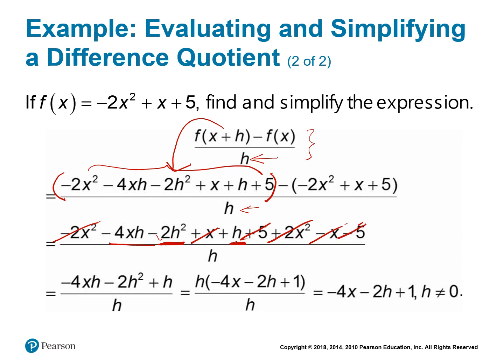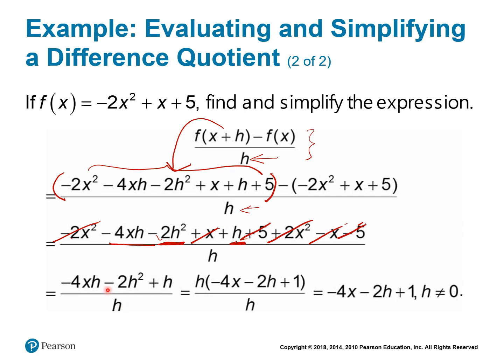So we get rid of the minus 2x squared plus 2x squared, the plus x and the minus x, and the plus 5 and the minus 5, and we are left with minus 4xh minus 2h squared plus h. And in the denominator we have our h.